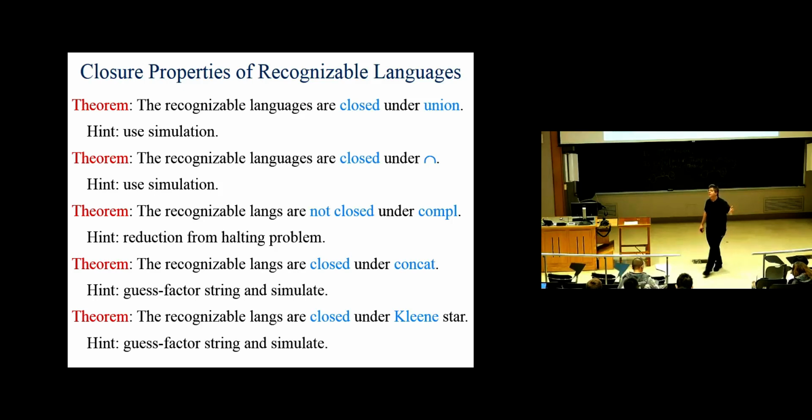So what can you do? The word is on the slide. Run them in parallel. If you run them in parallel, whichever one halts, you'll know without waiting on the other one, which might never halt and therefore run forever. So you can't run one or the other.